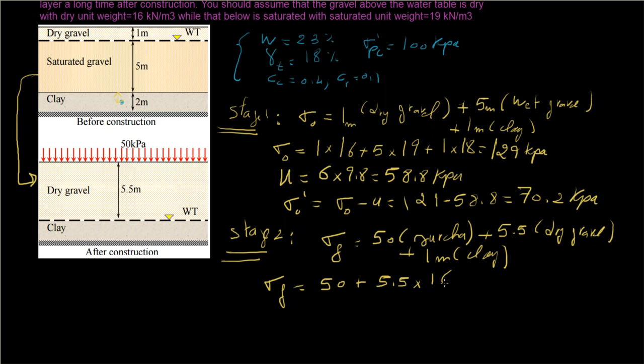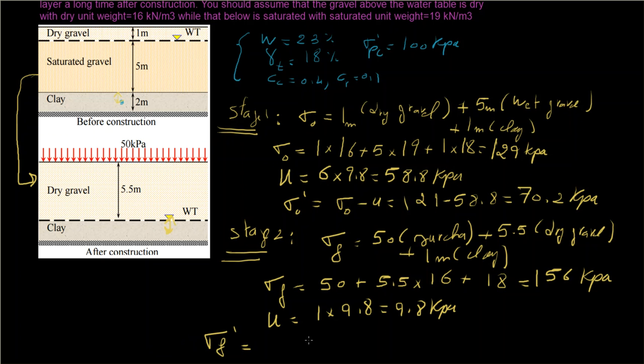The dry unit weight is 16 and the clay is 18, so that would be 156 kilopascals. Pore water pressure is defined from water table to the point of interest, which is 1 meter. Therefore, my effective final stress is 146.2 kPa.